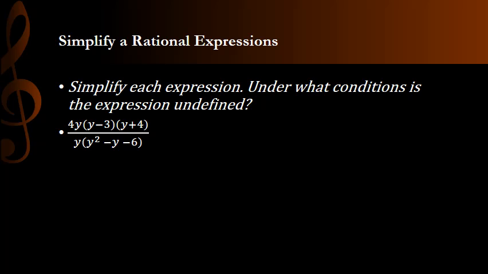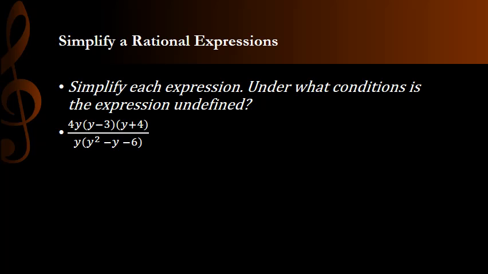And we got to get all this to the greatest common factor. So when I look at that expression in the denominator, y squared minus y minus 6, well then I know I've got to factor it in order to find this greatest common factor to help me simplify all this.